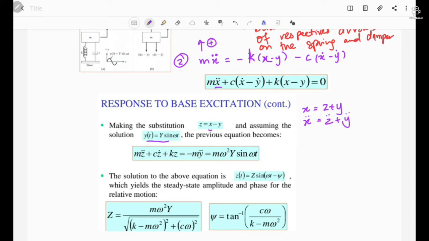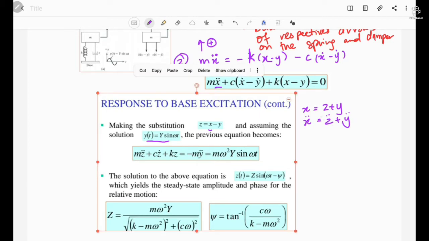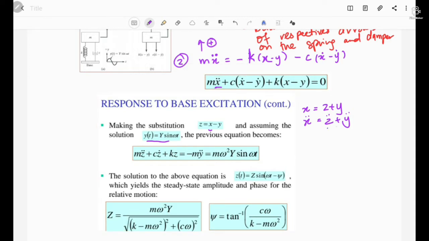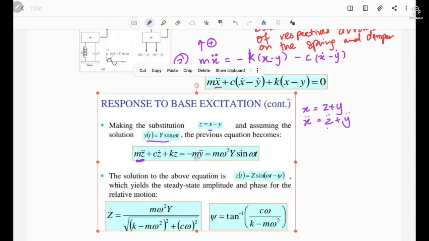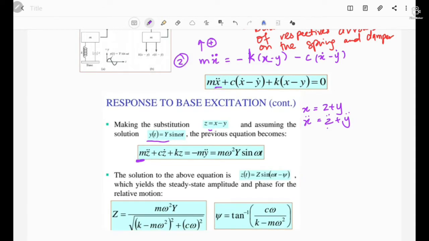So that's why you can rearrange the terms in terms of z. Okay, so you have your mx double dot is equal to mz double dot plus my double dot. So you bring it to the other side of the equation, then you have your negative my double dot.